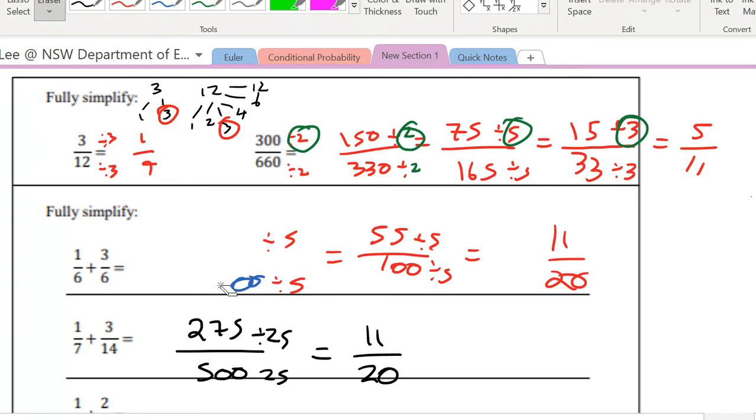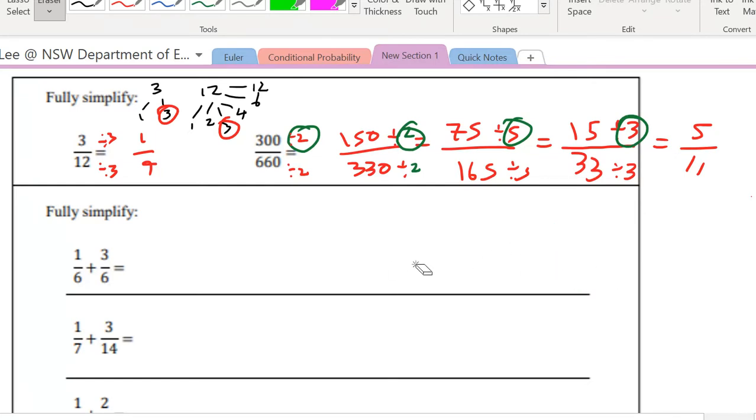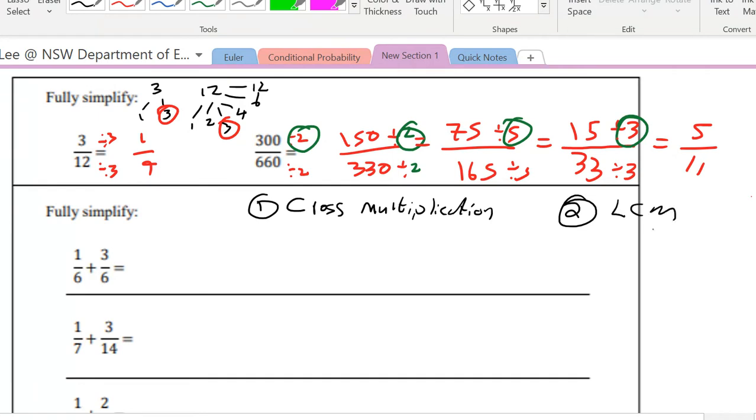Okay, so we need to add these fractions. Now, there's 2 methods for adding a fraction. We could use cross multiplication, and the second method we could use is the lowest common multiple.